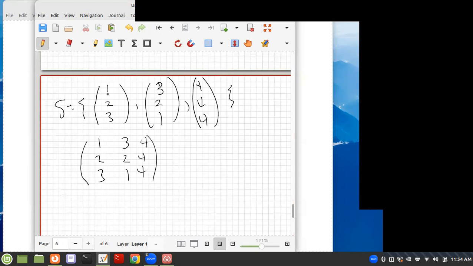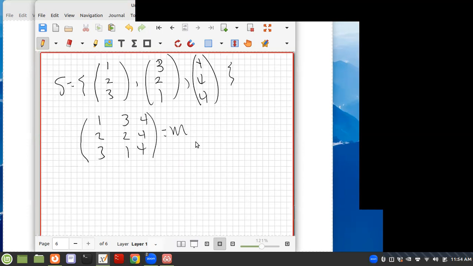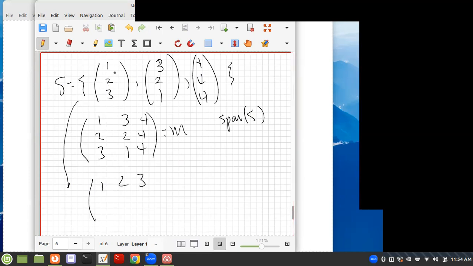So if this is M, I take the transpose of this matrix. My goal is to find a basis of the span of S, the linear combinations of all these vectors. To do that, I will write these as row vectors. 1, 2, 3. The first column becomes the first row.